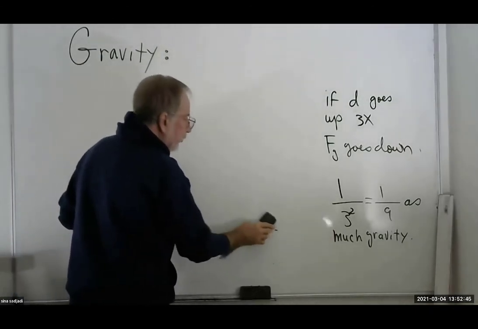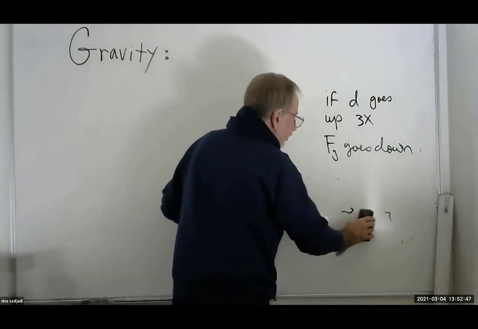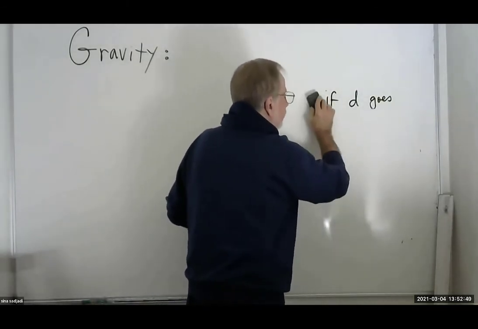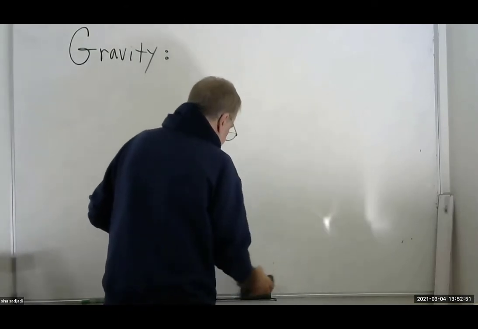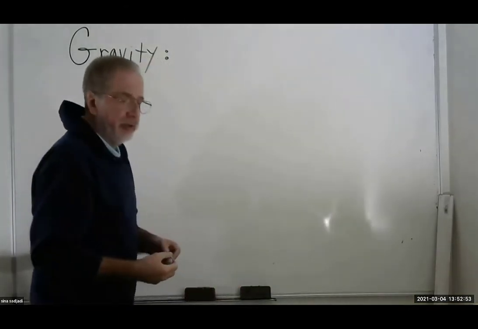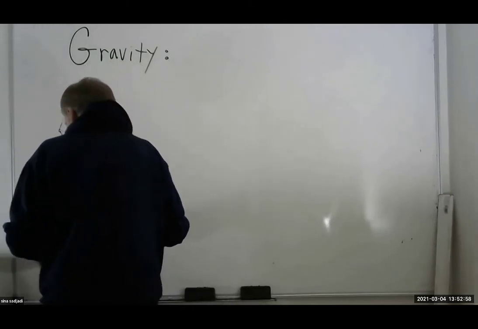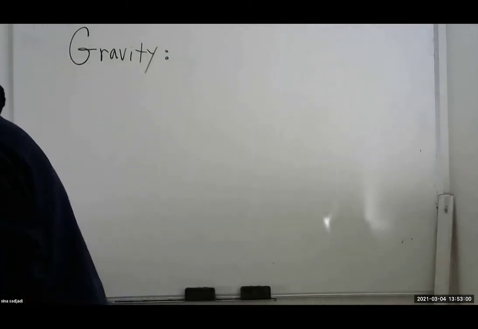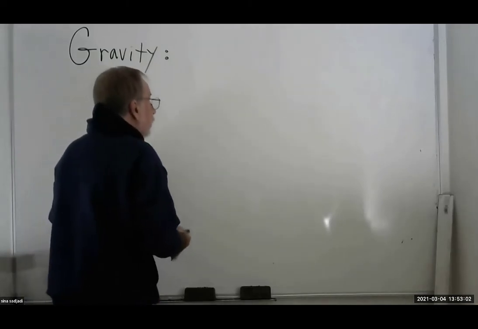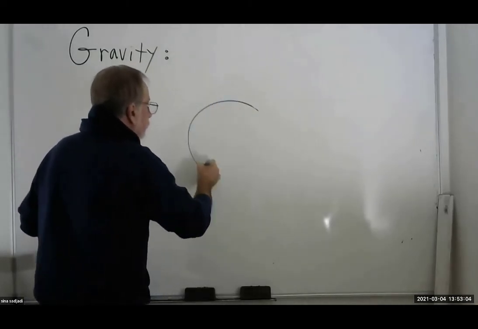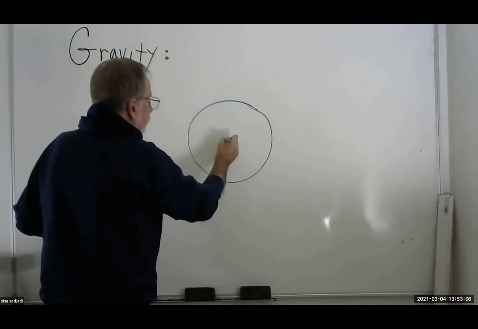Example bonanza. I'm not going to give you too many things on this. I'm afraid that your math is probably not the best, so I'll try to take it easy on you guys. All right, so here's the Earth. Draw the Earth in blue, maybe. Here's the center of the Earth.